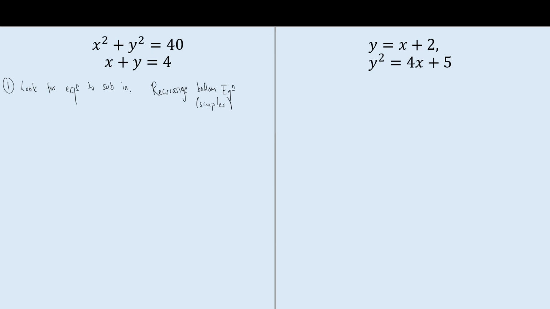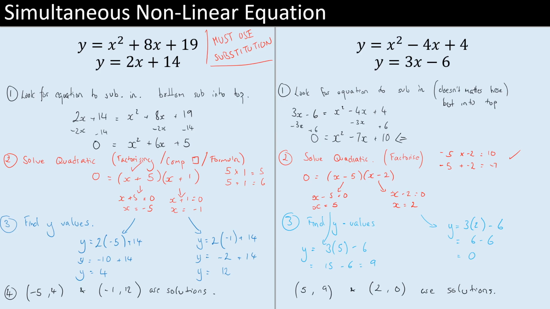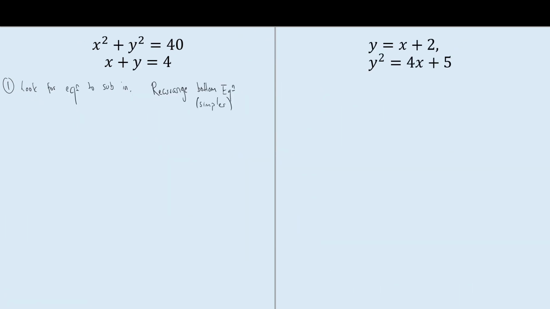We could do what we did in our previous questions and make y the subject, in which case we'll be finding our x values first. But we could make x the subject and find our y values first. It doesn't matter. It just means that things will come out in the reverse order. Okay? And just for the sake of exploring different things, we're going to make x the subject by taking away y from both sides.